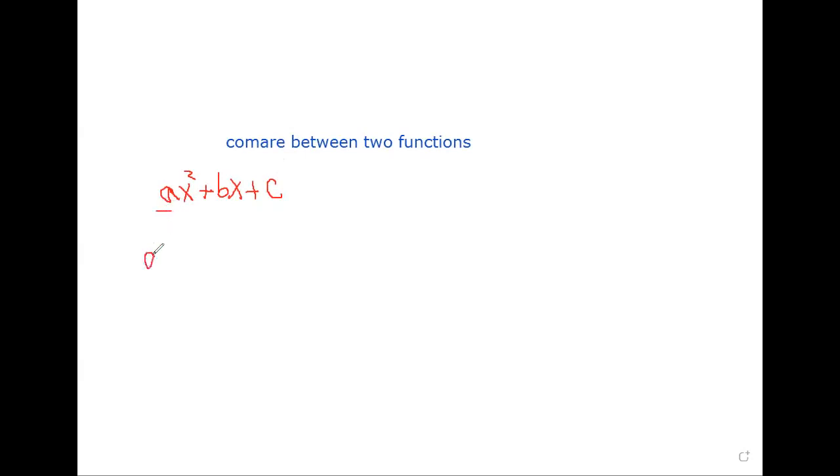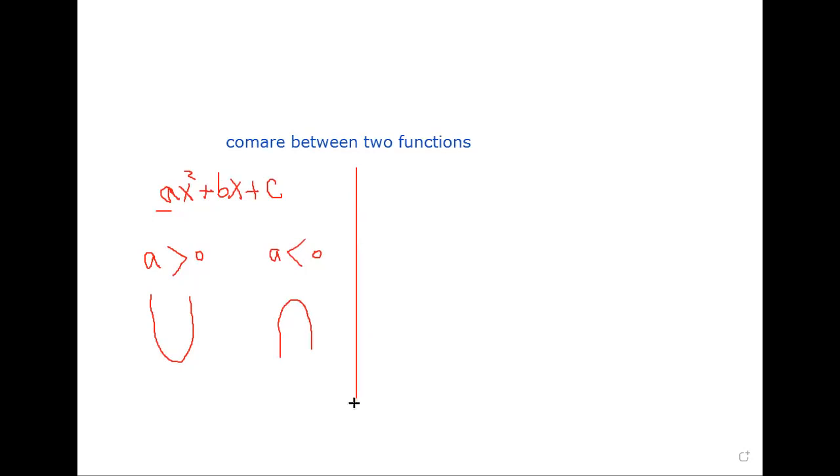If A is more than 0, which means it's positive, the parabola will be upward. If A is less than 0, the parabola will be downward. Then to compare between two functions, we have to care about the direction of the parabola, whether it is upward or downward. Okay, so this is the first point.